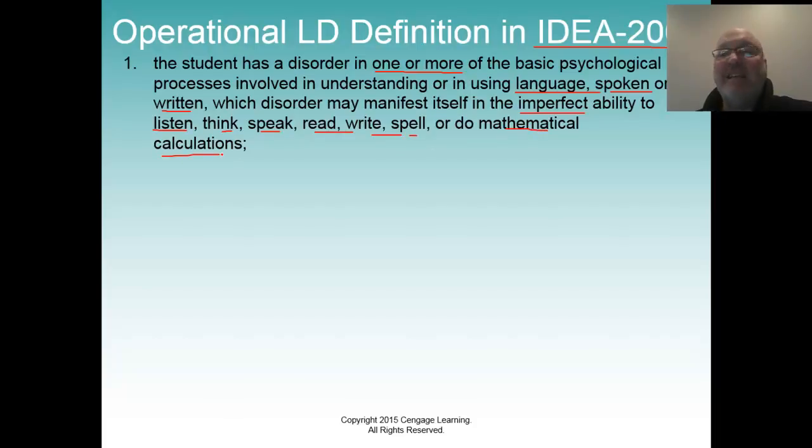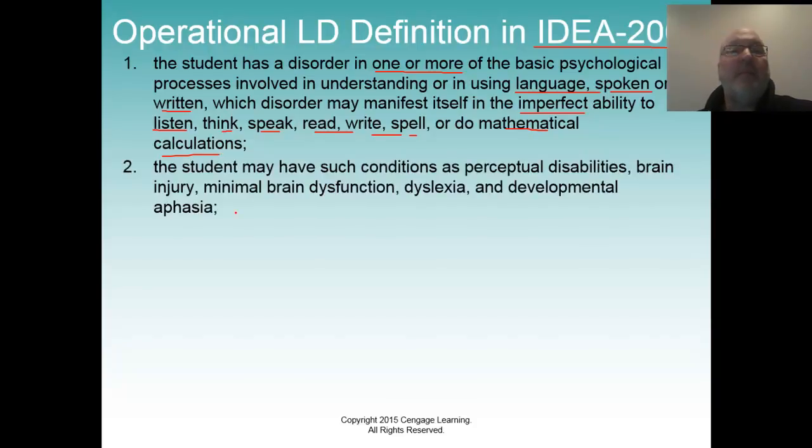Okay, that's IDEA's definition. And the student may have such conditions as perceptual disabilities, brain injury, minimal brain dysfunction, dyslexia, and developmental aphasia. And that's a lot. That's a big chunk to chew on.